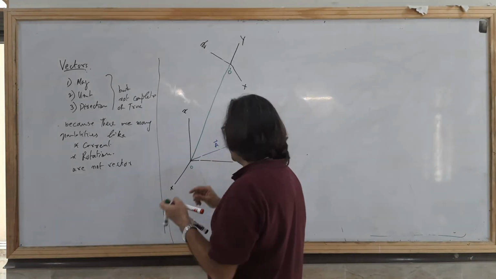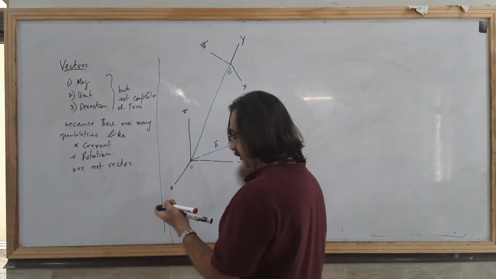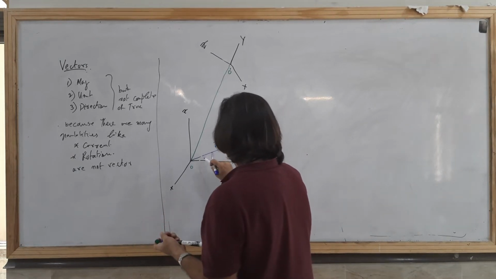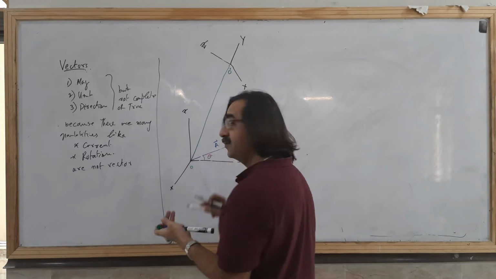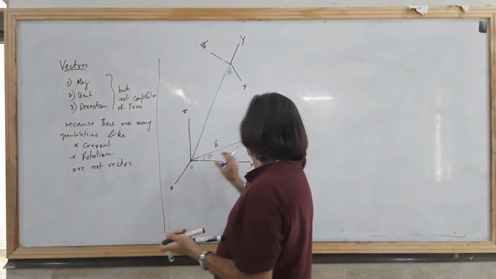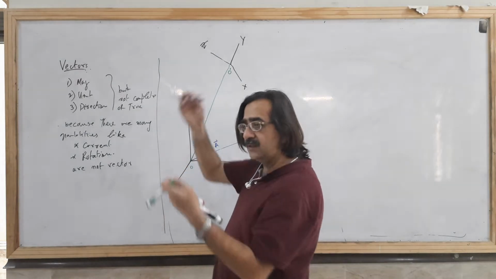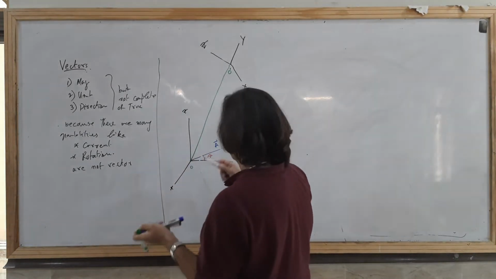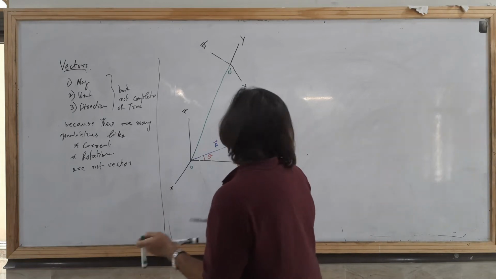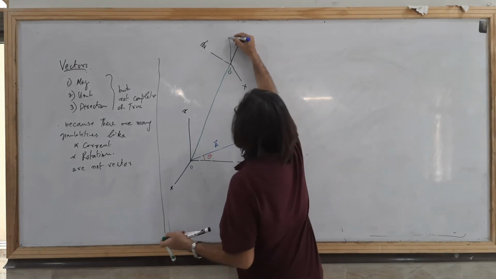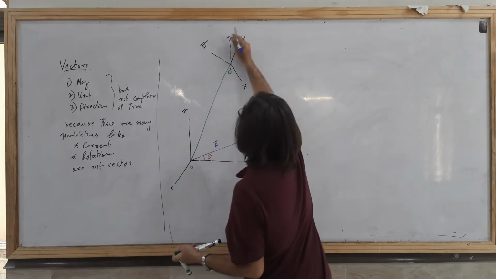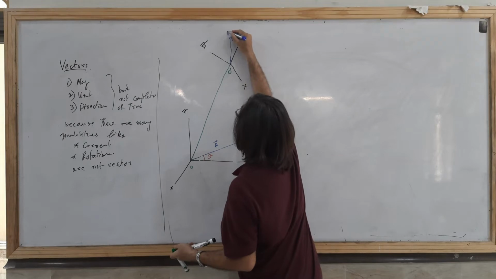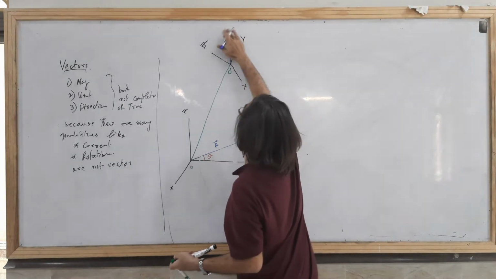This was making angle theta with the y-axis. Because I am rotating the frame itself, this vector A is now not A. Because the rotation has changed, it becomes A dash, A prime.